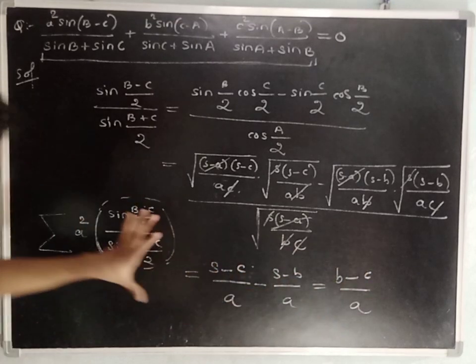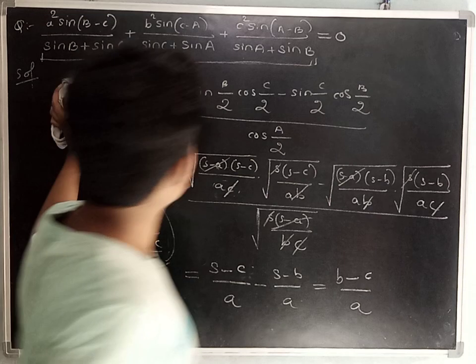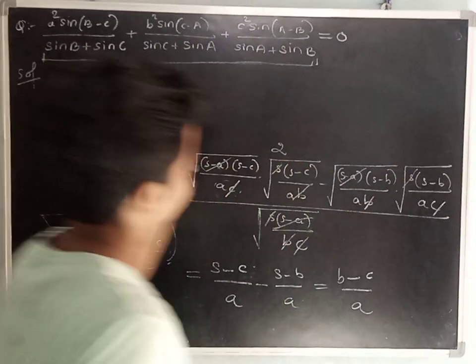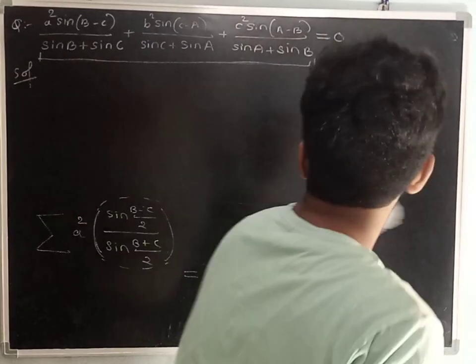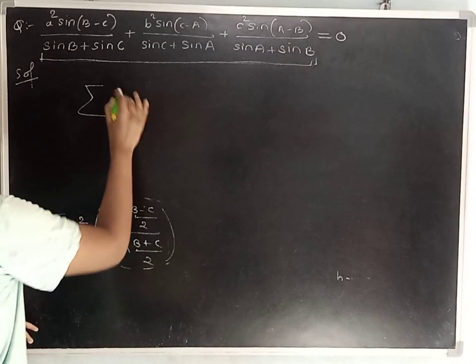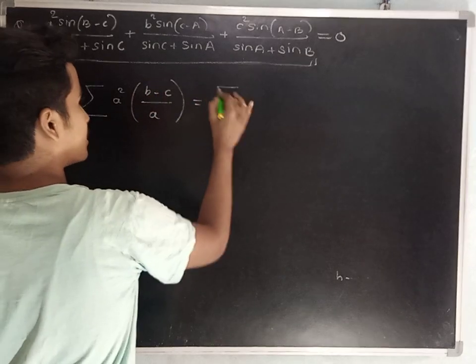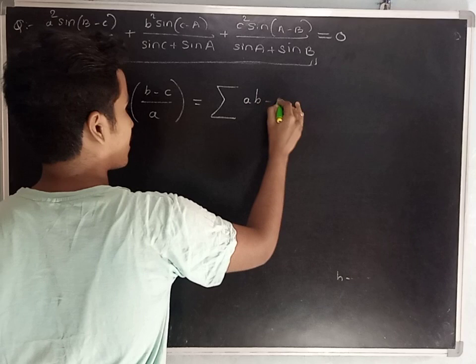So this I am going to keep in this. Finally I am going to get a square into (b minus c) by a. It's nothing but sigma of ab minus ac.